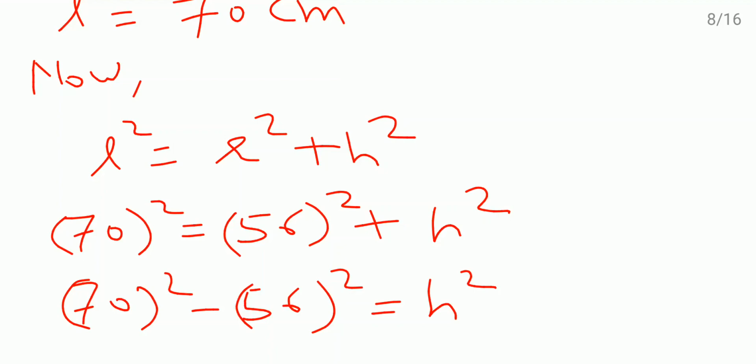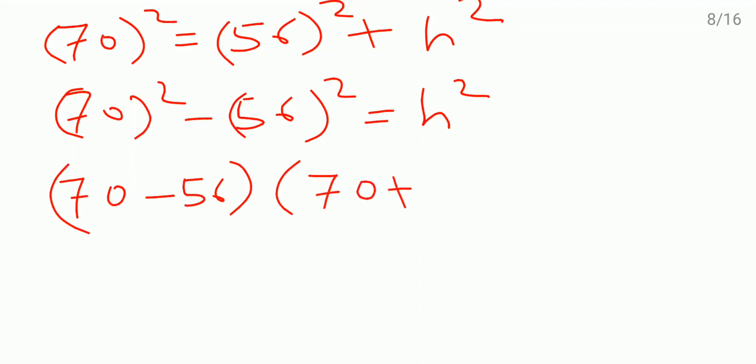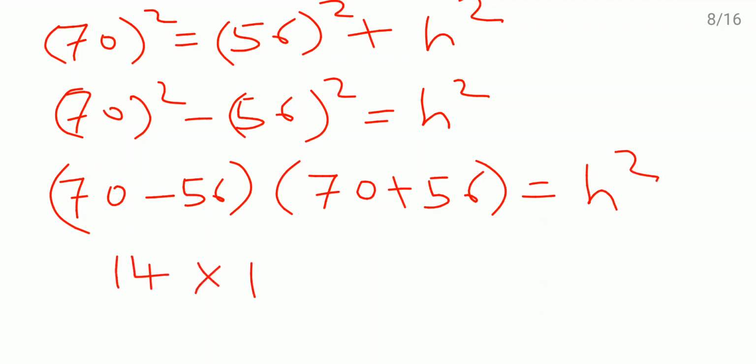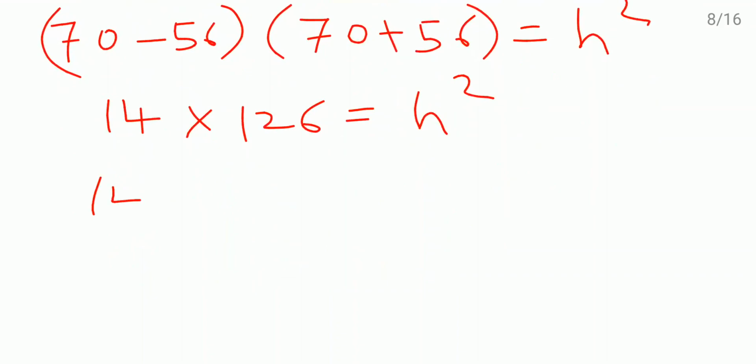You know the formula A square minus B square, so that formula only we are going to write here. A minus B, and here A plus B, is equal to H square. So after doing the subtraction, here we are getting 14, and here we are getting 126, which is equal to H square. Okay, so 126 comes in 14's table. So 14 into 9 is 126, which is equal to H square.